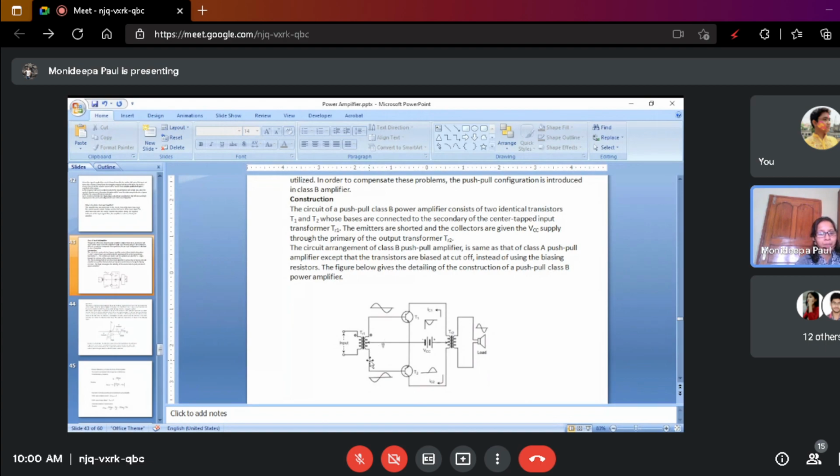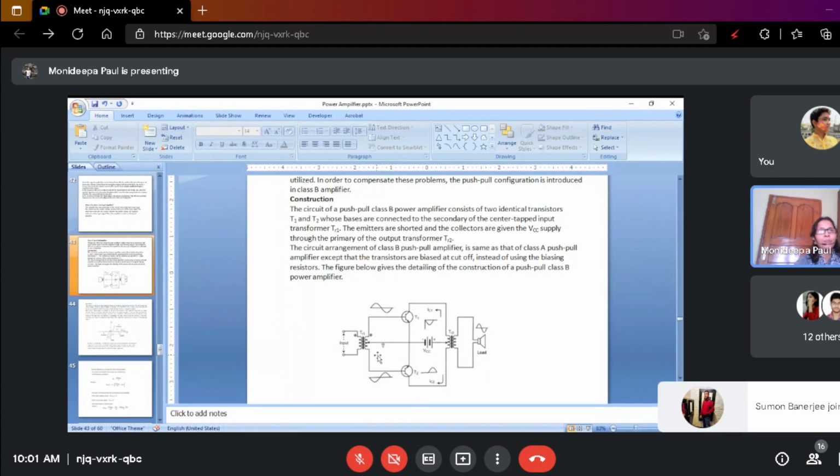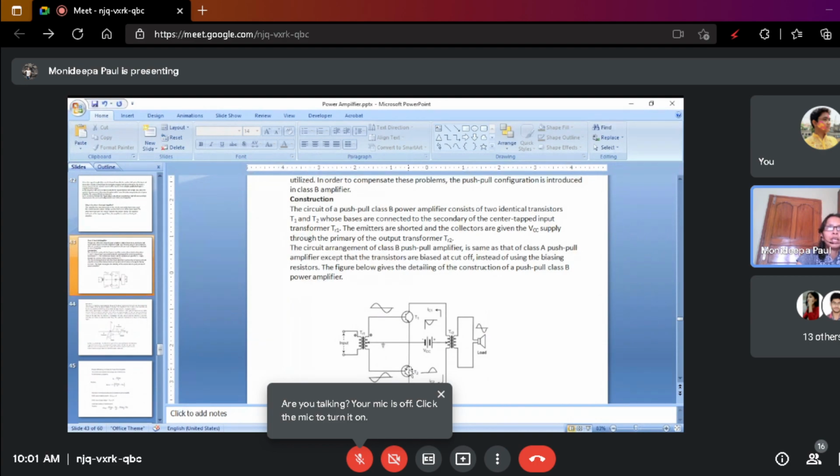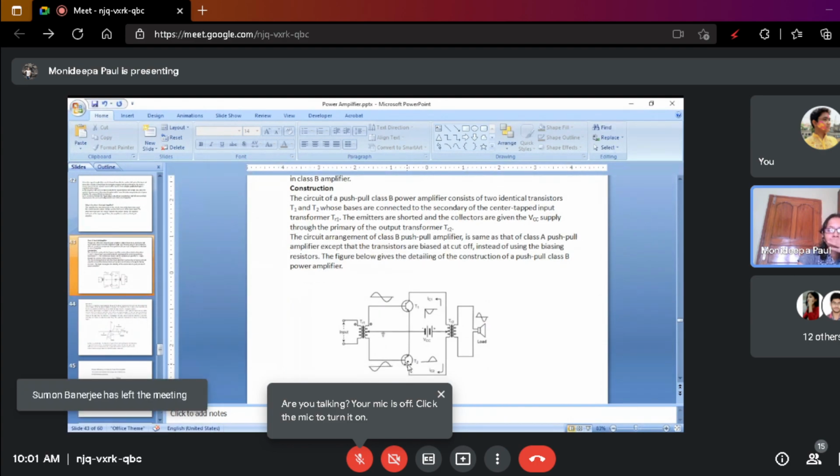That means the emitter-base circuit, that is the input circuit, is forward biased during the negative half cycle of the input AC signal. So this transistor is in forward bias condition during the negative half cycle of the AC input signal.